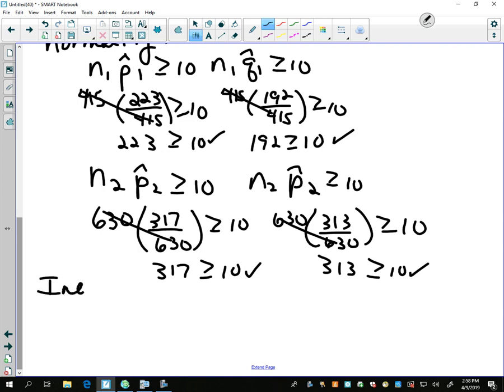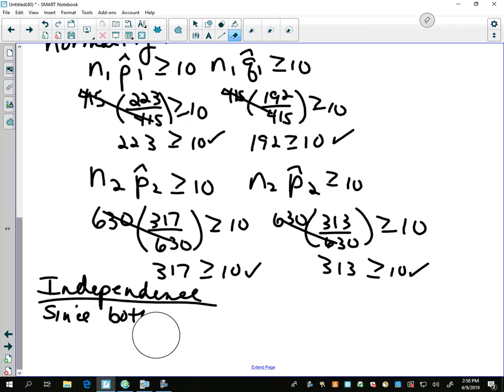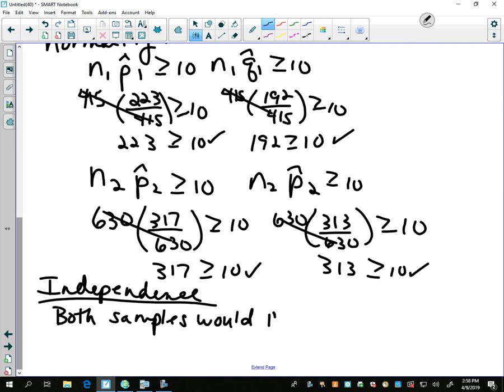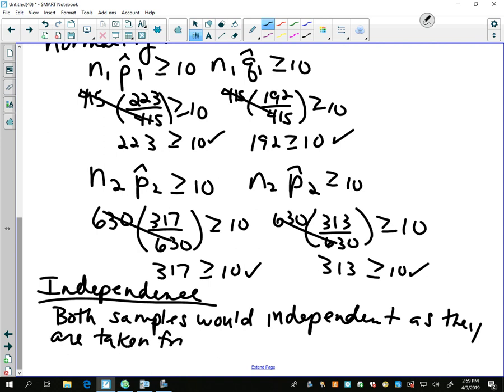So for independence, both samples would be independent as they are taken at two different times.